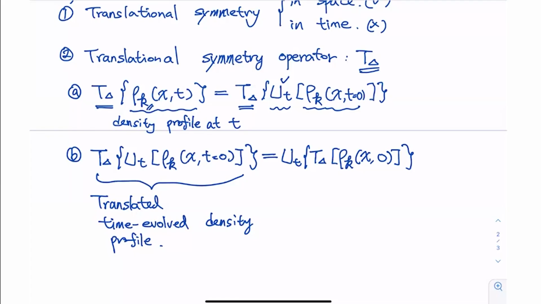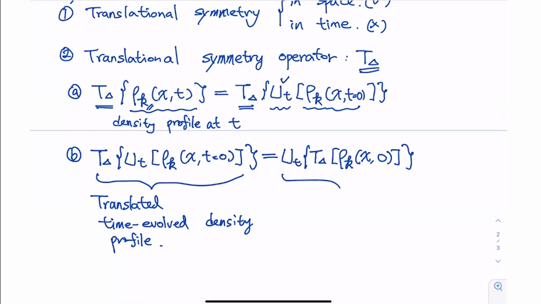Then we apply the time evolution operator ut on it. Then after that, we apply the translational symmetry operator on that. So if you try to describe it in words, it is a translated time evolved density profile.